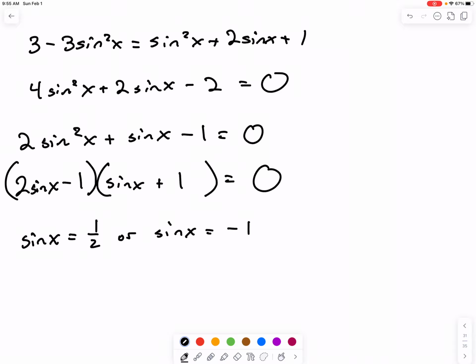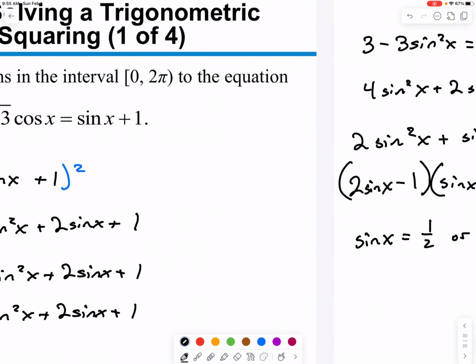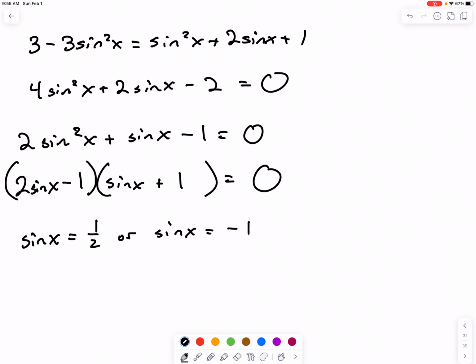So for instance, where we have sine of x equals a half, we can get that from the unit circle. Unit circle, sine is our y. So we're 30 degrees off the x-axis in quadrant 1. Let me see, 0 to 2 pi, okay. So our y value is positive, and there should be a quadrant 1 solution and a quadrant 2 solution.